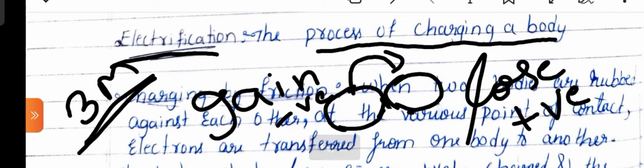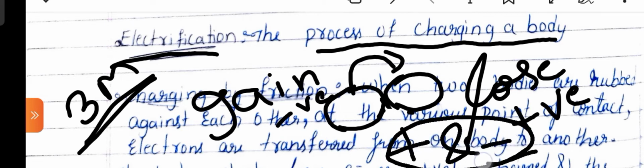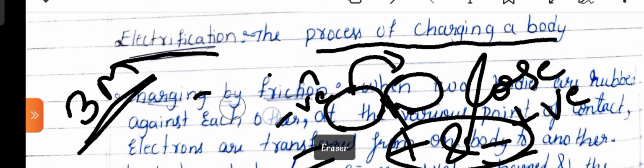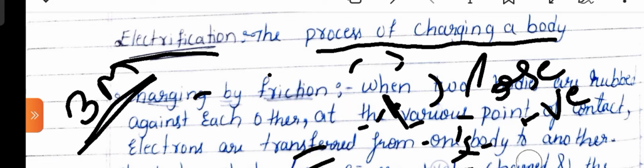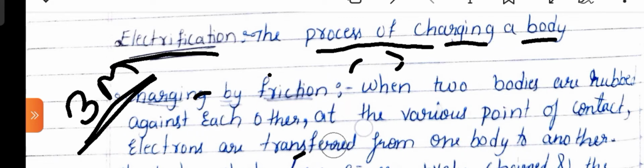Also, the positive and negative charges acquired by both bodies are of the same magnitude. One more important point to keep in mind is that the bodies must be insulators. Whatever I have explained is given as the description here, so if you want you can go through it.